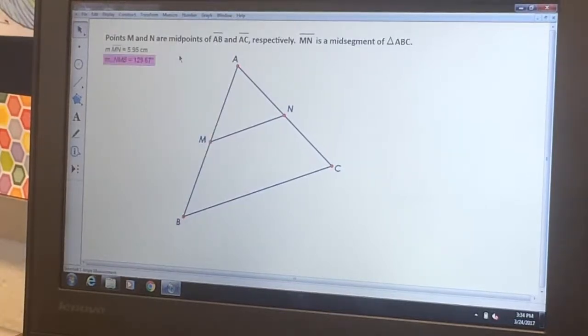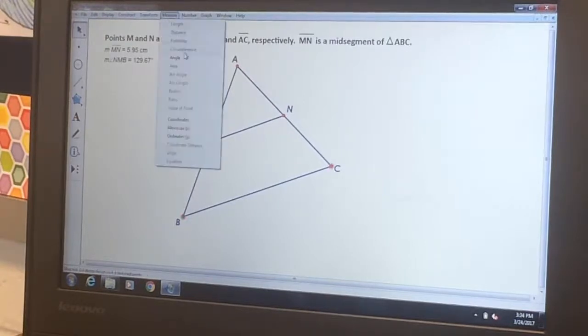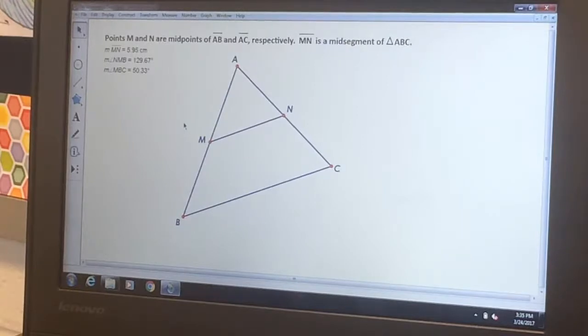Okay, so you have a measurement there. Now, what angle did you want to look at it in comparison to? Angle B, well, angle MBC. So let's go ahead and measure that one. Now, you said you thought those were corresponding angles, or are they in the same relative position? Well, if you're looking at a transversal, they would both be inside and on one side.